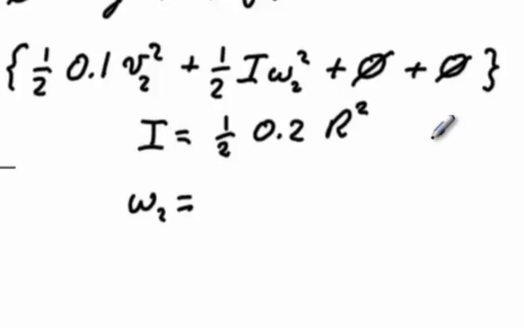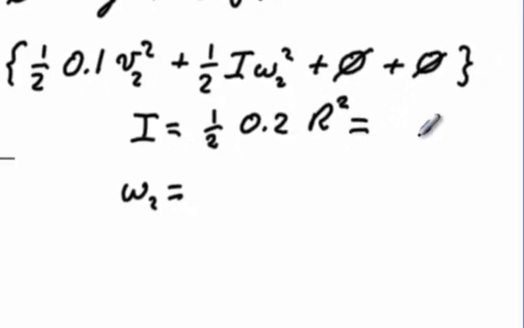However, since we were asked in part A for a numerical result for the moment of inertia, we can go ahead and plug in the radius of 0.15 meters to get the result 0.0056 kilogram meter squared.